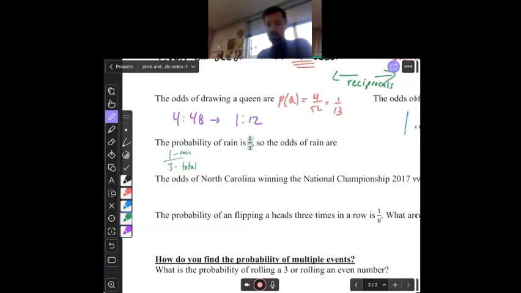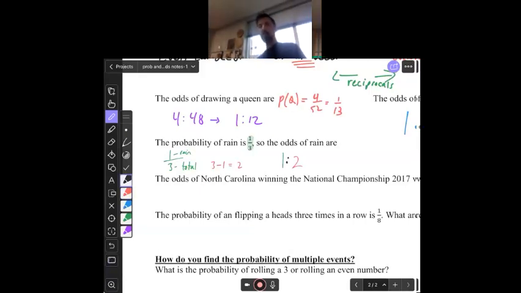Well, in order for us to think about odds, it needs to have that same thing. Like, how many times did it rain? It rained once, but now we're comparing it to the number of times it didn't rain. So how do I figure that out? Take the total minus what happened. Of course, that's 2. So the odds of rain would be 1 to 2.